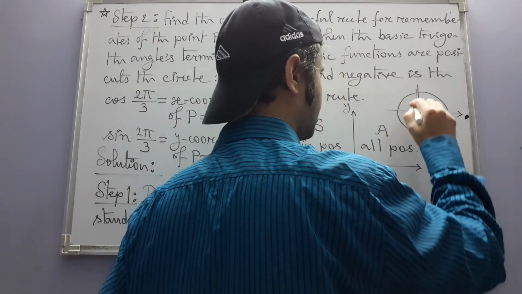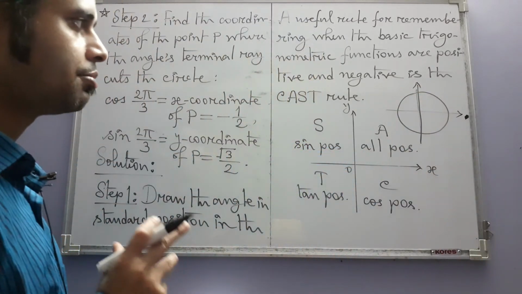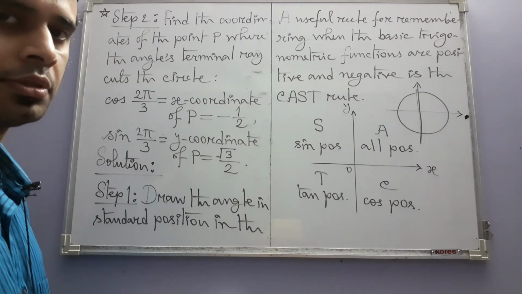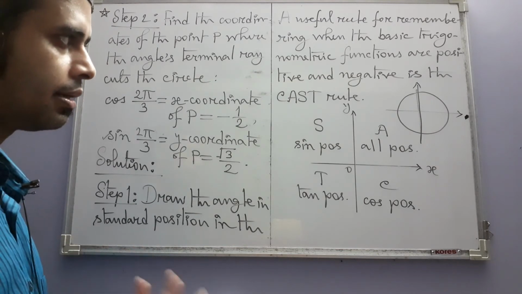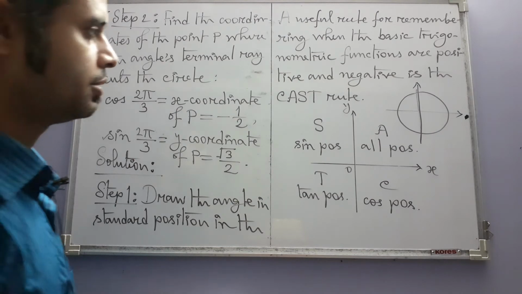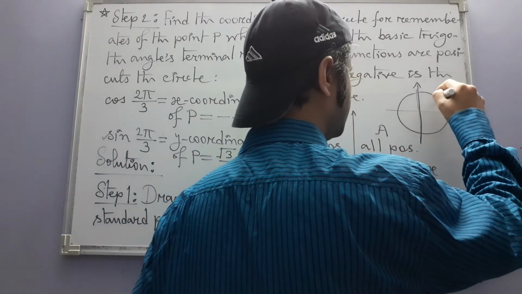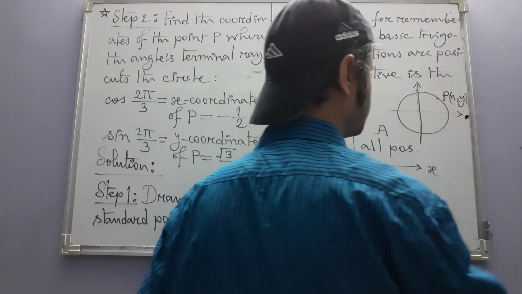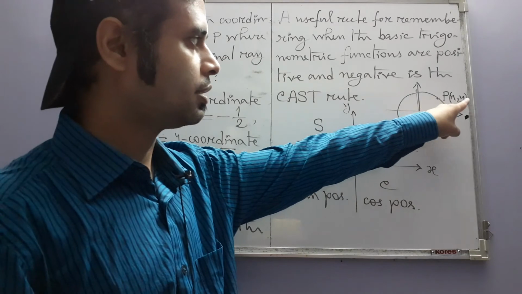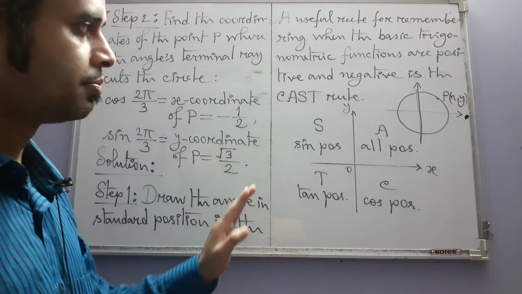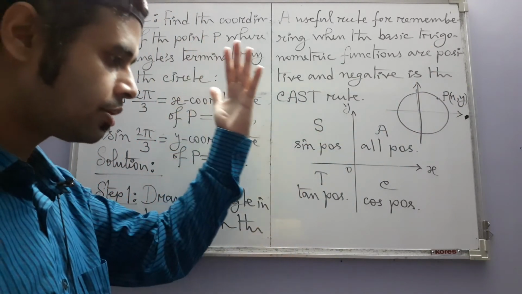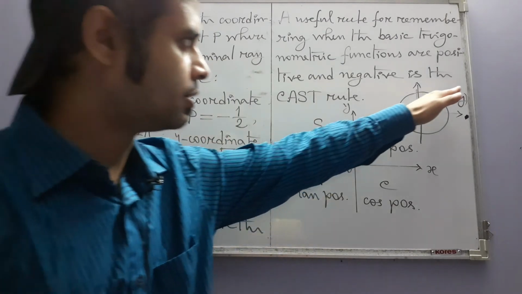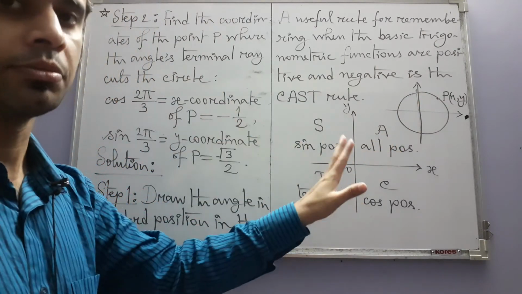You are well aware with the sign patterns of the coordinates of a point in the plane from your ordinary analytic geometry or coordinate geometry. Here, if your point P lies here, then both x and y are positive. So because all your trigonometric functions are being defined in terms of x, y and this distance r, all of them are positive.